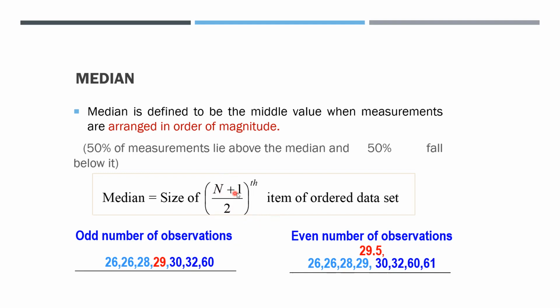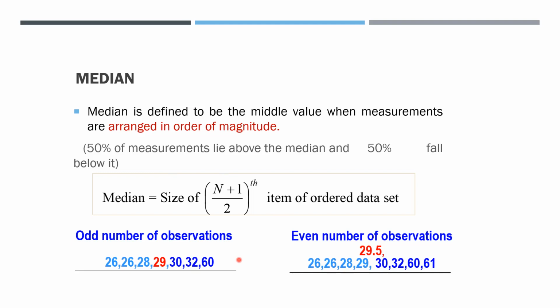That means 5 plus 1, 6 over 2 is 3. Then the third item is your median, right? The third observation is the median. So if you want to count the third observation, first of all, you have to arrange your data set according to a specific order, right?